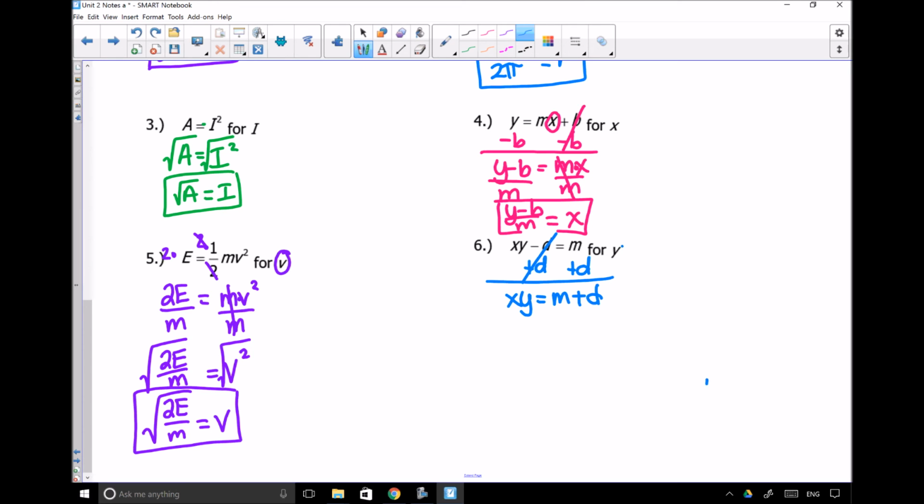Okay, remember my goal is to get y alone, so if I have xy, I want to get rid of this x. Well, it's connected to the y through multiplication, so the opposite of multiplication is division. So whatever I do to one side, I do to the other side. These x's cancel, so I get y equals m plus d all over x. Did I get the y alone? Absolutely, so I'm all set to go with this question.